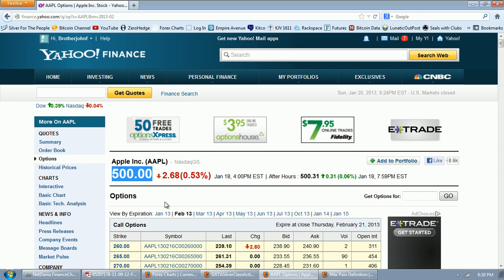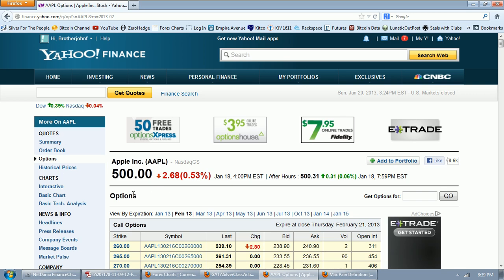So this is Max Pain version 2, and let me explain to you why that's important. Only at this price and this price alone. You can imagine Apple closing at 500.01 or 499.99. There's only 2 cents difference between those three prices, but there's a big difference as far as options are concerned, and I'm going to show you why.